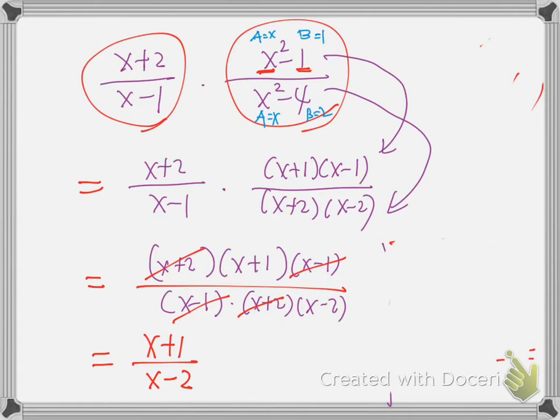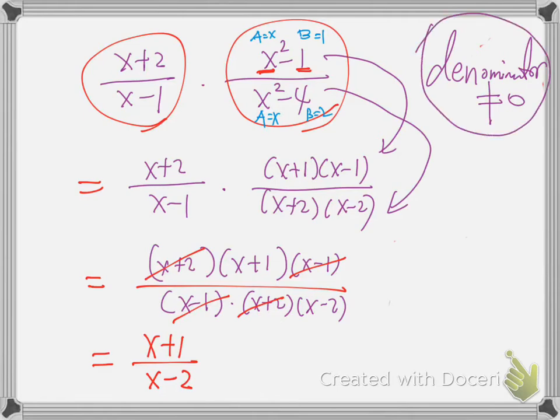This calculation is true for all x except where a denominator is zero. If the denominator is not 0, we can use this expression and all the calculations are correct, because if the denominator is 0, the division has no meaning.